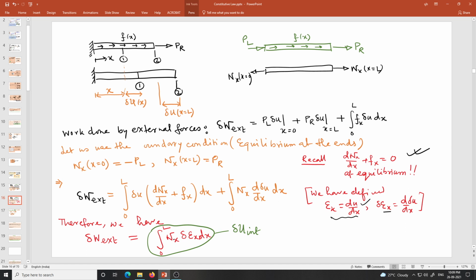So Nx is the internal force intensity, and the strain is the internal deformation measure; the integral of this quantity takes the same value as the work done by the external forces. This right hand side part we shall give a name: the change in the internal energy.